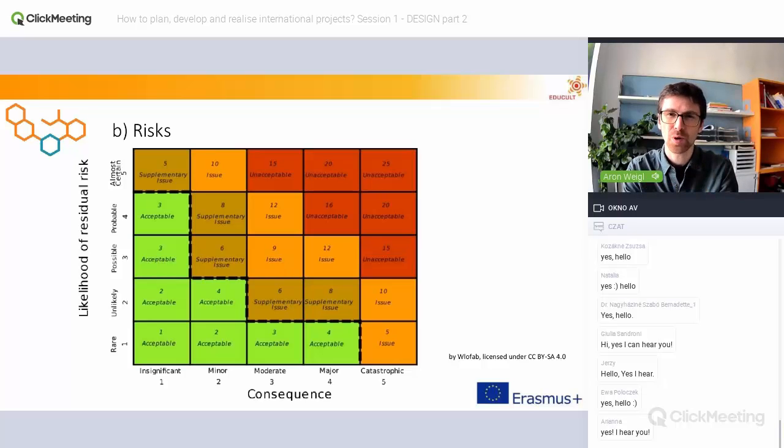The difficult part is to define the likelihood and define the consequences of a certain threat. Therefore, you need some experience, and that's what I said before. If you never worked in an international environment, it could be difficult to define what consequences that could have.